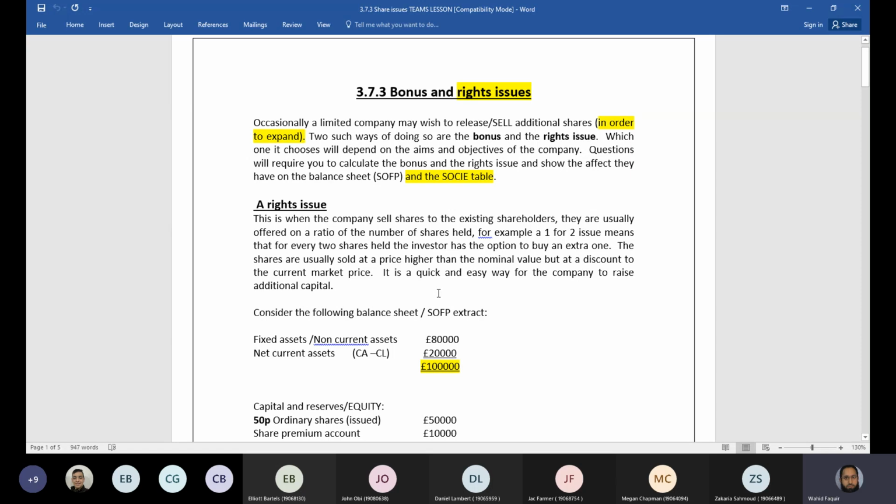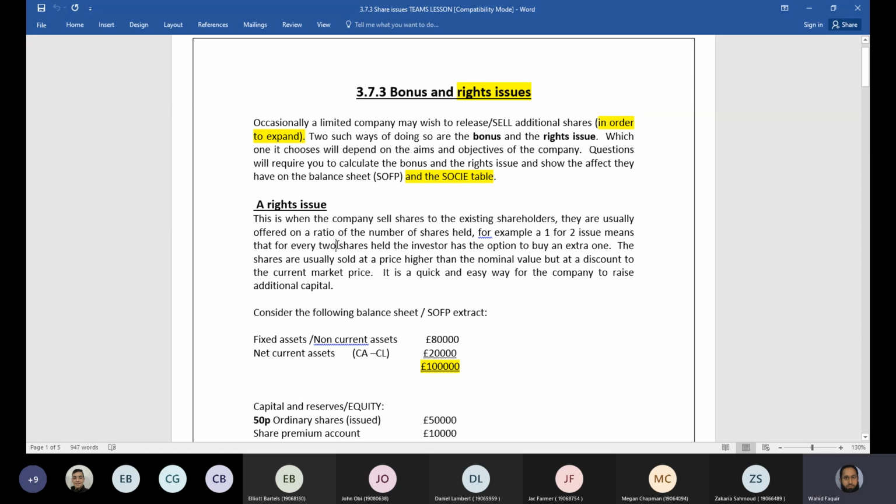We're issuing shares to existing shareholders, it says there. And rather than saying we're issuing 1 million shares or 1,000 shares, it will say on the basis of 1 for 2, or 1 for 4, or 3 for 4. So some kind of ratio. What does that mean? Well, 1 for 2 means for every 2 shares held, the investor has the option to buy an extra 1.